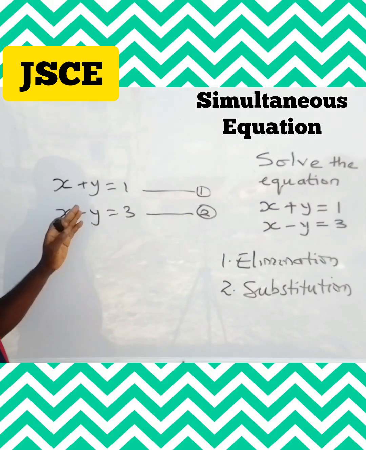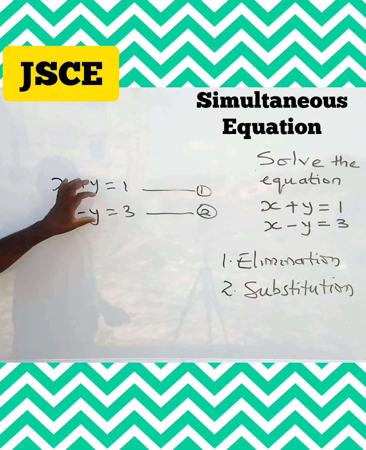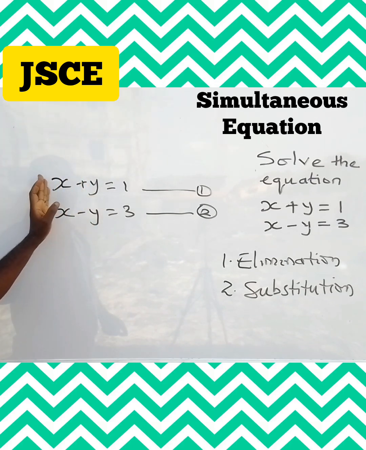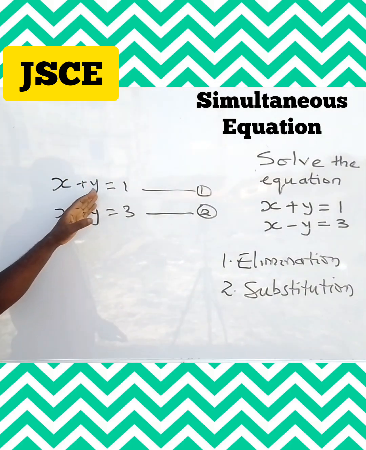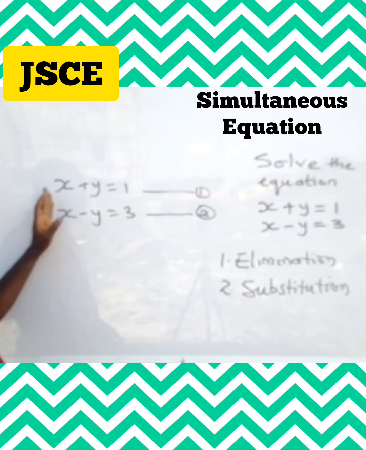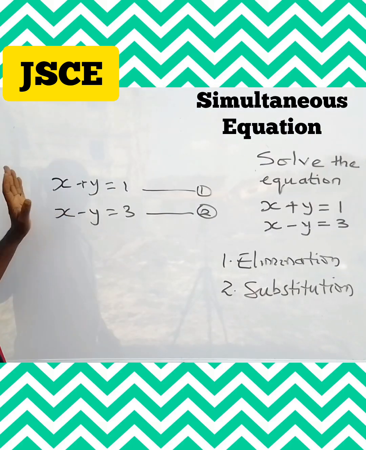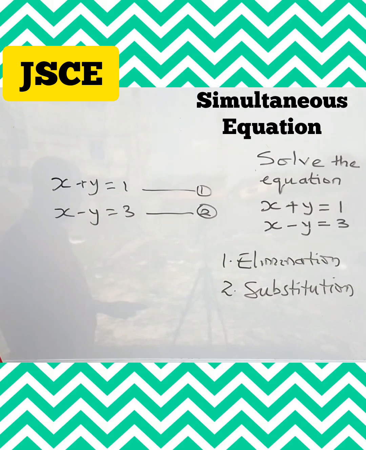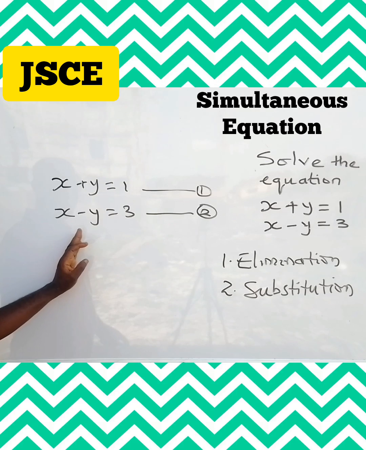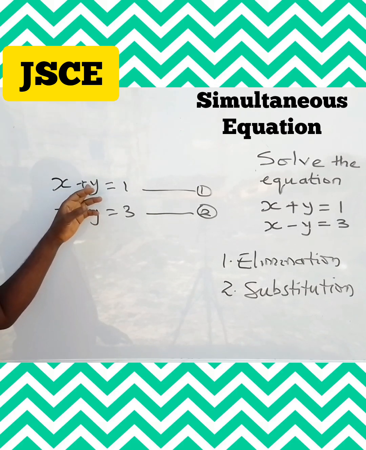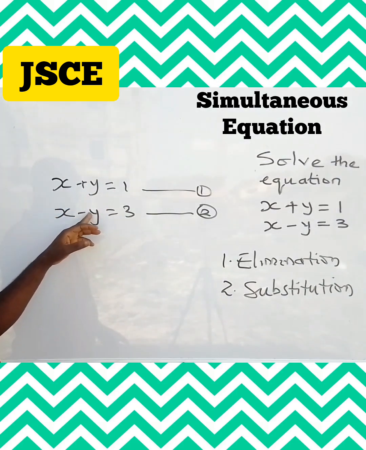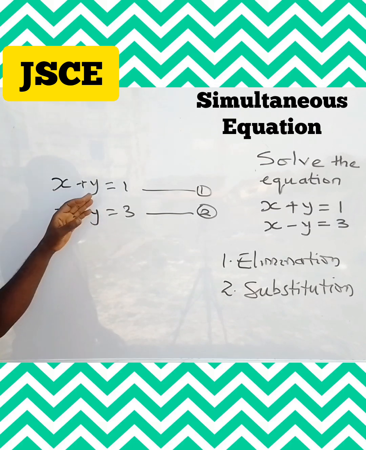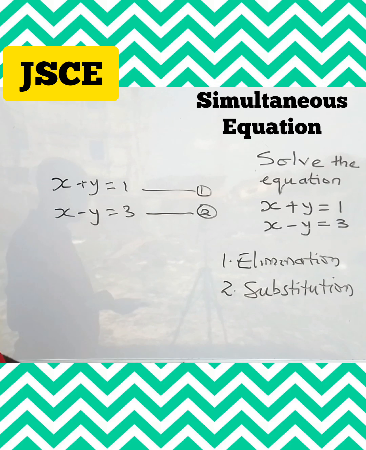Now, in the elimination method, what we want to do is just to get rid of one, either x or y. If you get rid of y, for example, then you are looking for x. If you get rid of x, you are looking for y. And what you must ensure when you are using the elimination method is that the coefficient of y, y, or of x, x, must be the same, even though the sign may change.